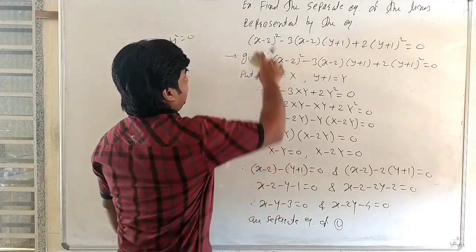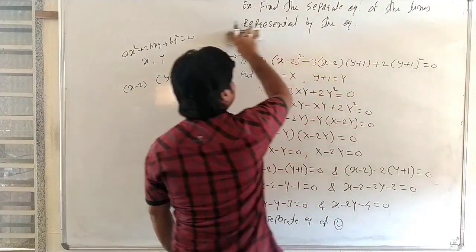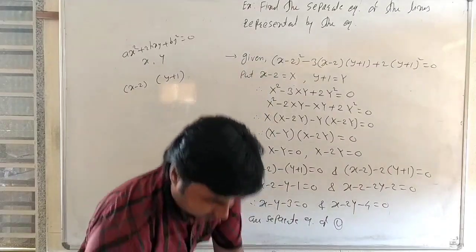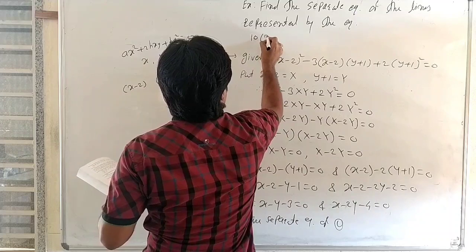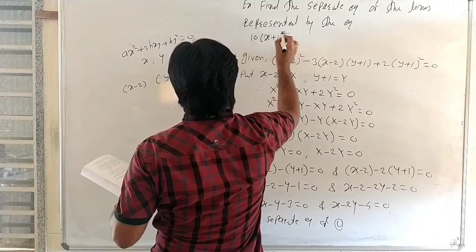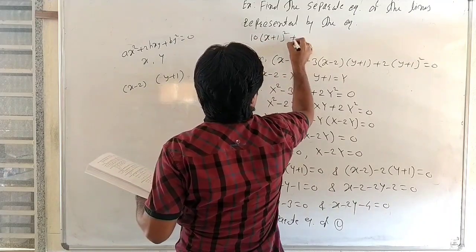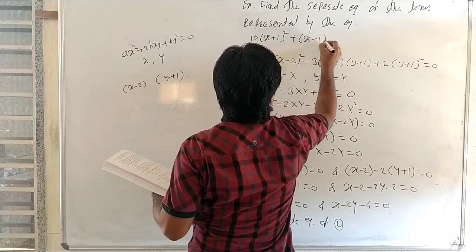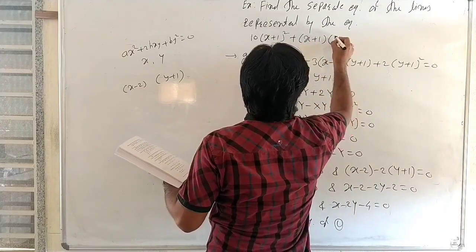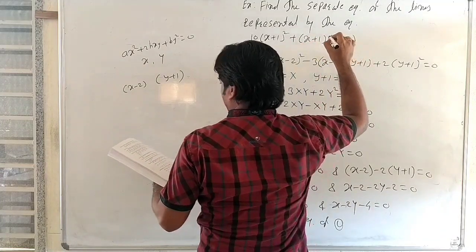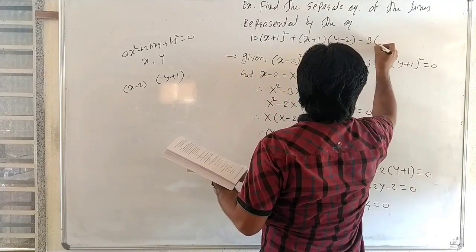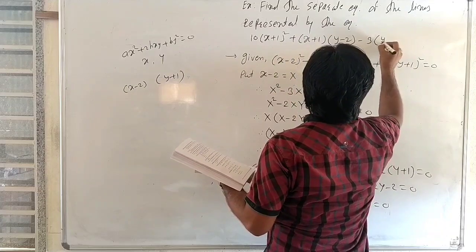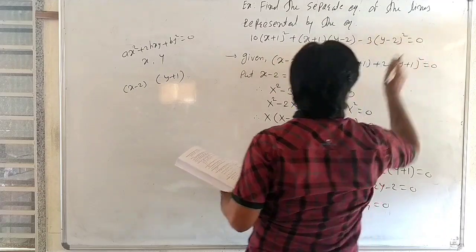Now, in the same way, we see the second example: 10 (x plus 1) square plus (x plus 1)(y minus 2) minus 3 (y minus 2) square equal to 0.